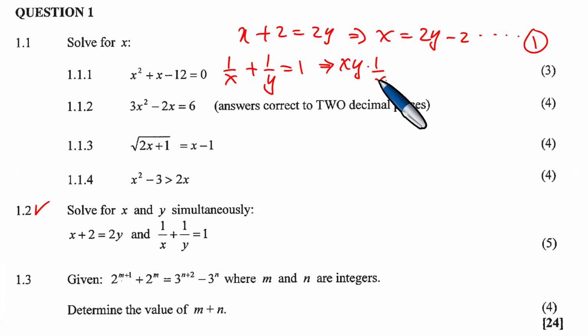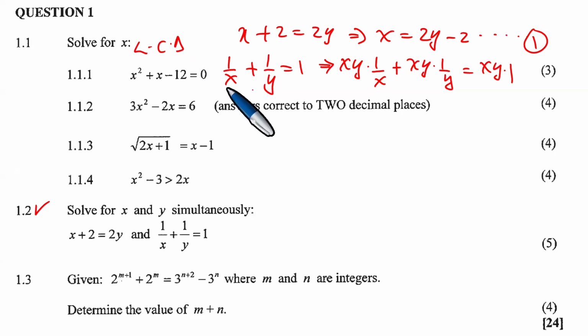We multiply the first term by xy, the second term by xy, and the right-hand side by xy. The LCD, the lowest common denominator, is here the product of the denominators, xy. Obviously, the product of the denominators in general is not the lowest common denominator, but at this point it is.